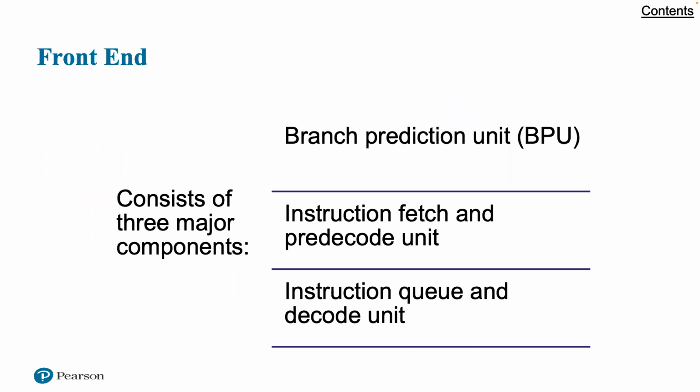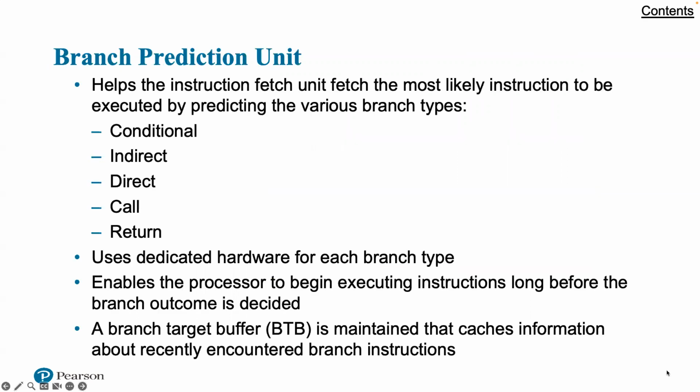So the front end needs to supply decoded instructions, that is microops, and sustain the stream to a 6-issue wide out-of-order engine. It consists of 3 major components: the branch prediction unit, the BPU, the instruction fetch and predecode unit, and the instruction queue and decode unit.